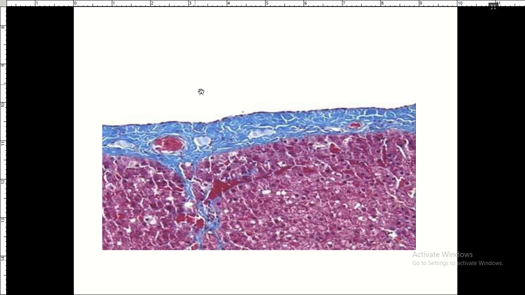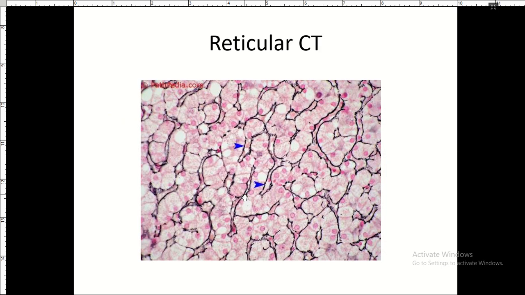So as you can see, this is your Glisson's capsule. That's a thin capsule of the liver, which is dense irregular connective tissue. You can actually see it is sending trabeculae, or just septa, into the liver parenchyma, dividing it into lobules. Right.